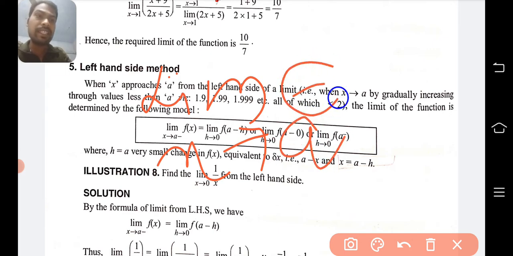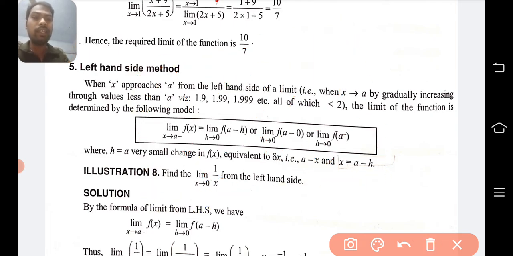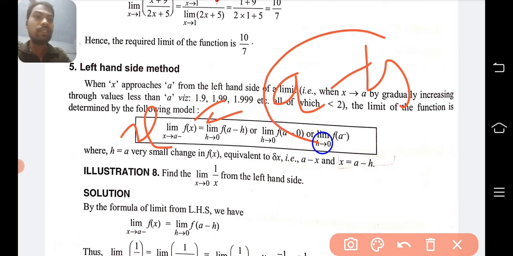If the minus sign is given here, then we say that it is the left hand side limit. Clear? Then wherever the x term is there, we take x equal to a minus h for the left hand side method.